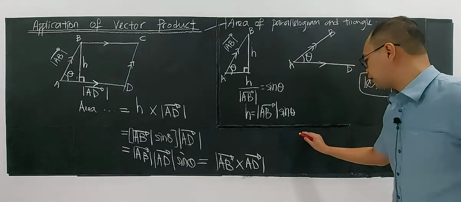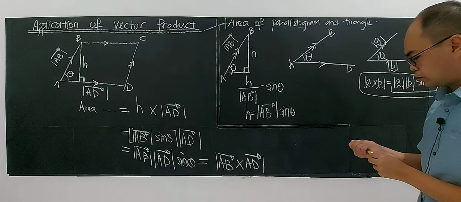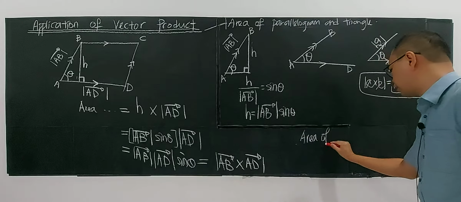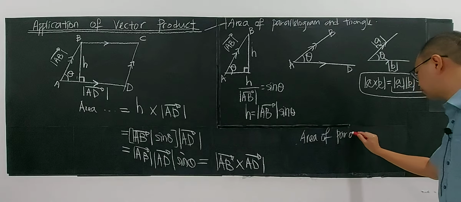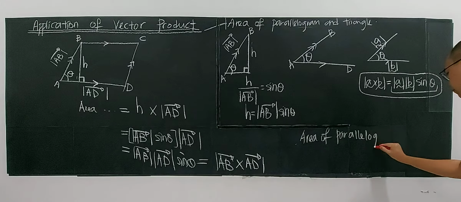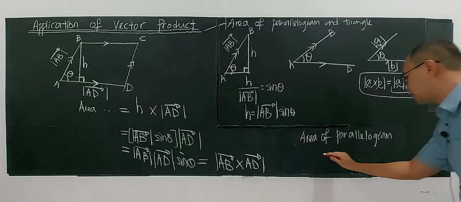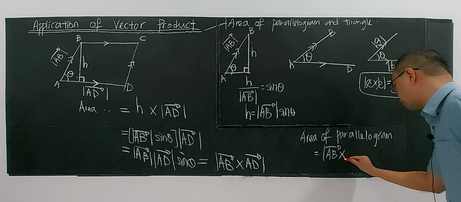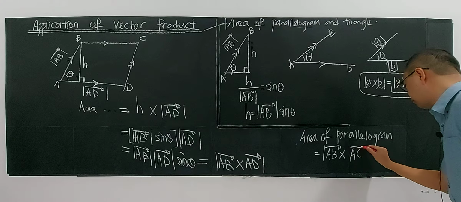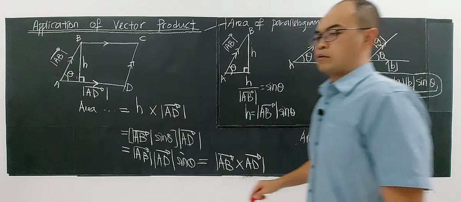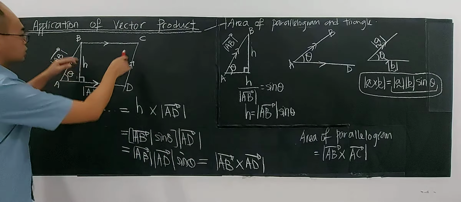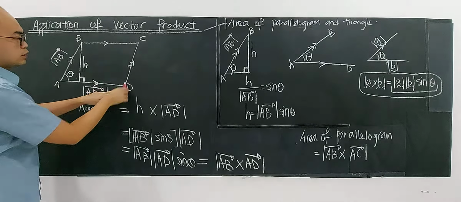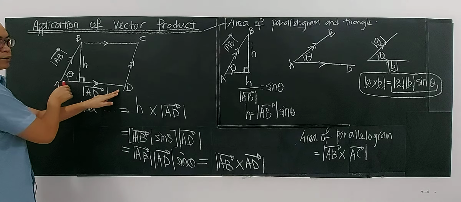The conclusion here is that the area of parallelogram is equal to the magnitude of AB cross AC, or CB cross CD, or DC cross DA.